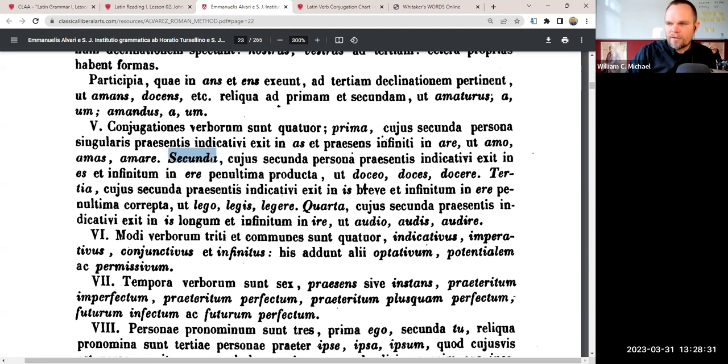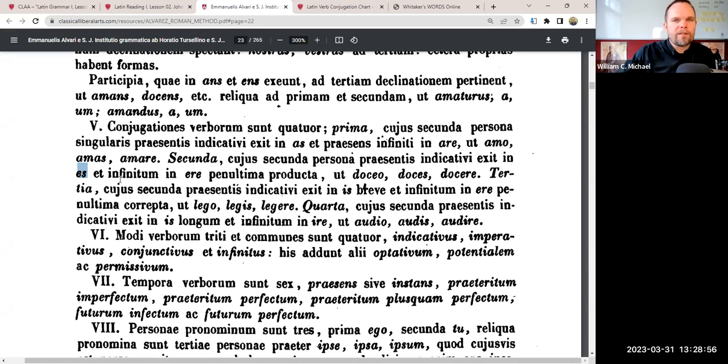The second conjugation, so let's go on to the next one. The second conjugation, whose second person present indicative ends in ES. So the second conjugation, the second person singular present indicative form ends in ES.